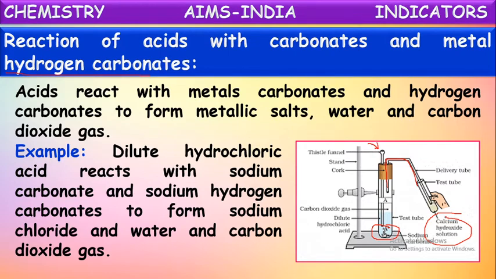Lime water turns milky in the presence of carbon dioxide gas only. So from that we can understand that the gas evolved is carbon dioxide. So in these reactions of metal carbonates and bicarbonates, acids produce metal salt, water and carbon dioxide gas.